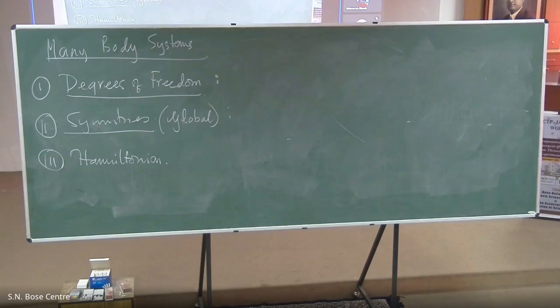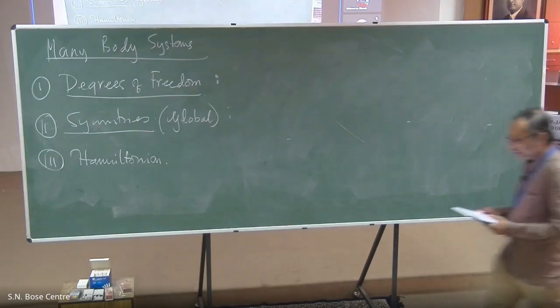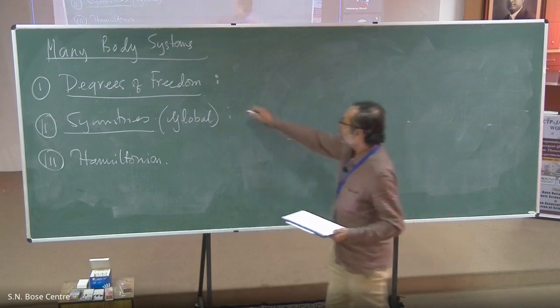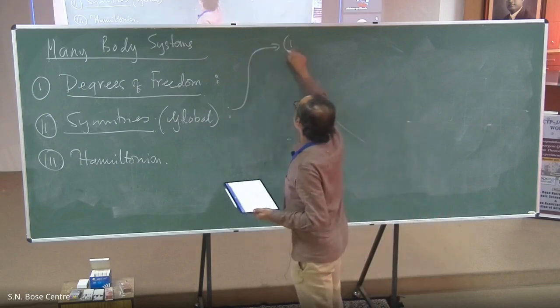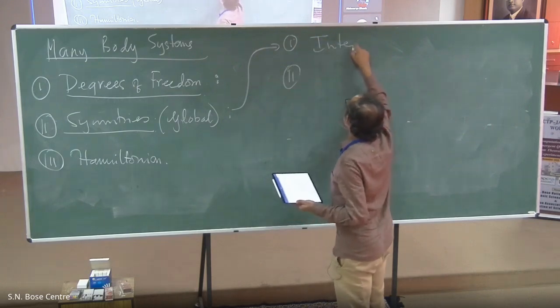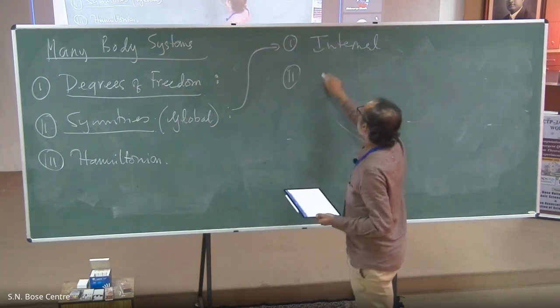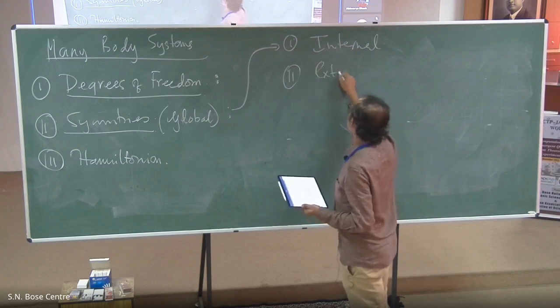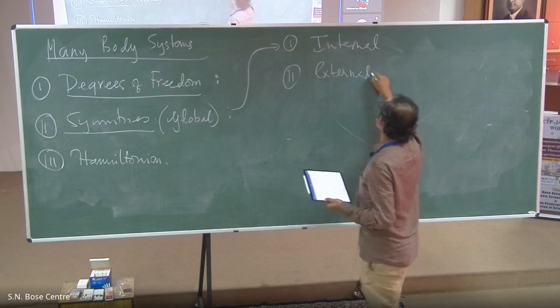So I'll try to point out what I mean by global symmetries. Typically these things are of two kinds: internal, and spatial or external.